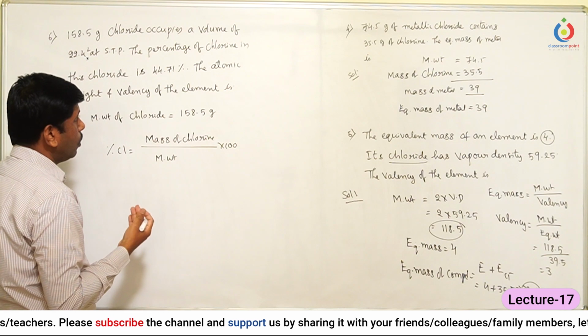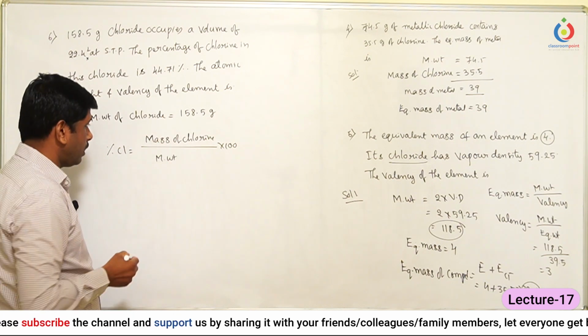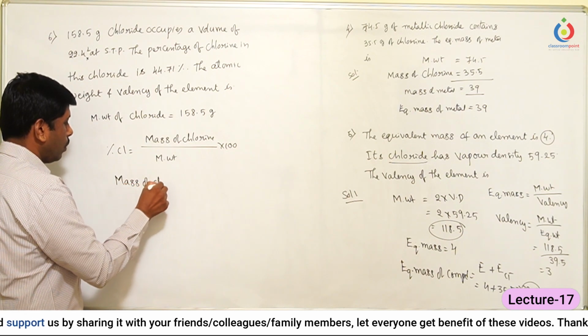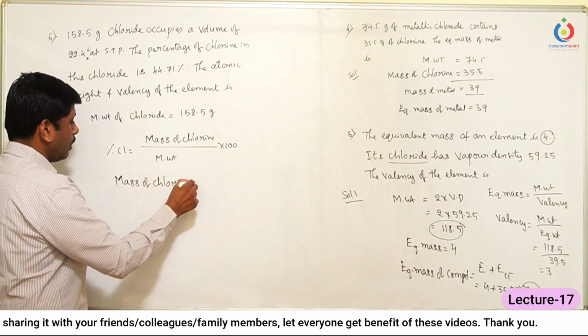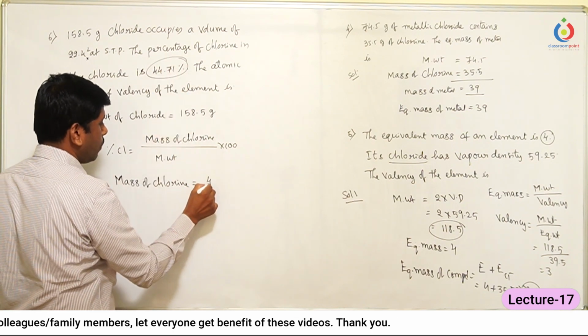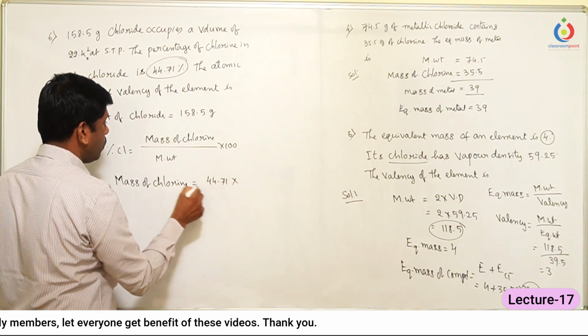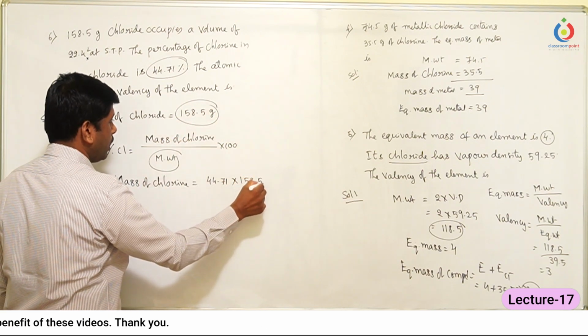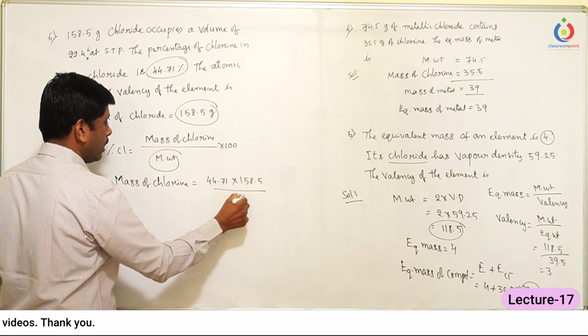So I would like to know how much mass of the chlorine is present here. So mass of chlorine is equal to percentage of the chlorine, given as 44.71, into molecular weight, given as 158.5, divided by 100.